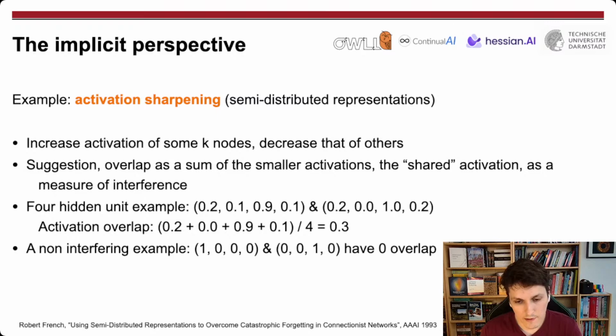One of the older ideas that has voiced this in a somewhat intuitive way is the concept of activation sharpening. The concept of activation sharpening also goes under the premise of semi-distributed representations.